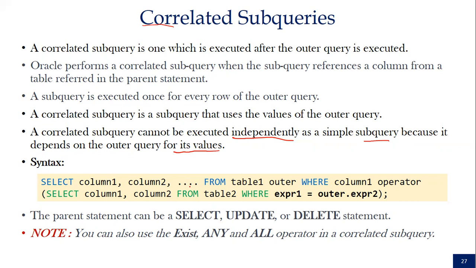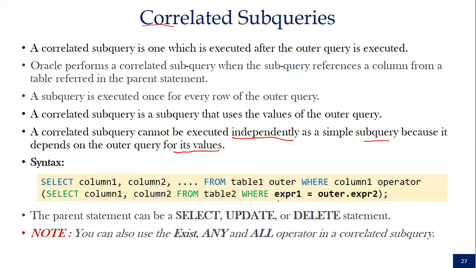Here we can specify the column from the table, and then we will generally use aliasing in the outer query so that we can uniquely identify the attributes which are used in the outer query or inner query. So here we are using outer as an alias for table one.